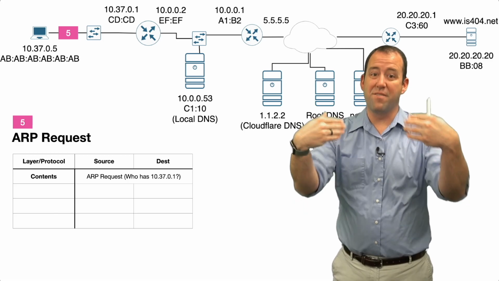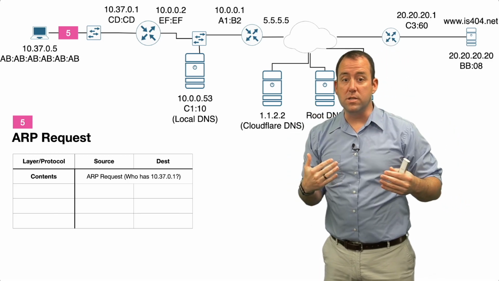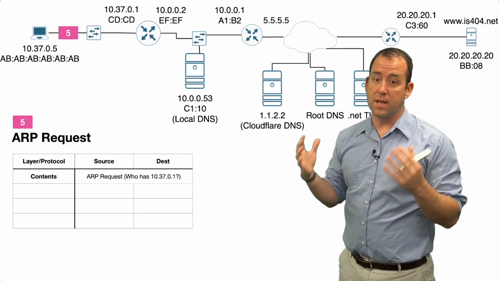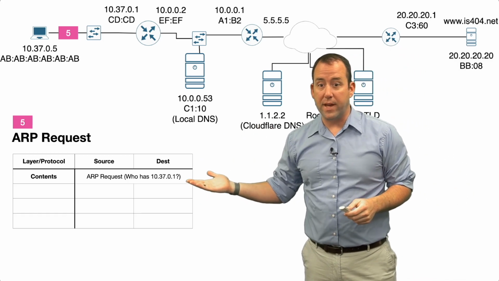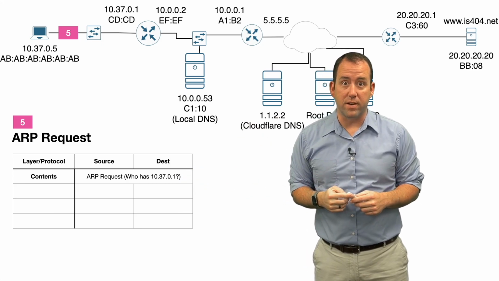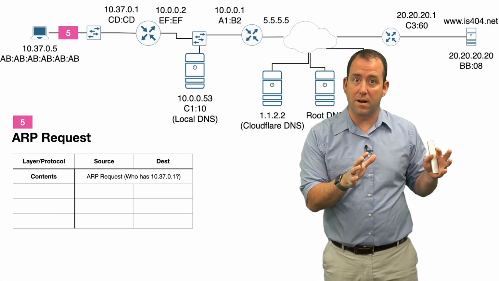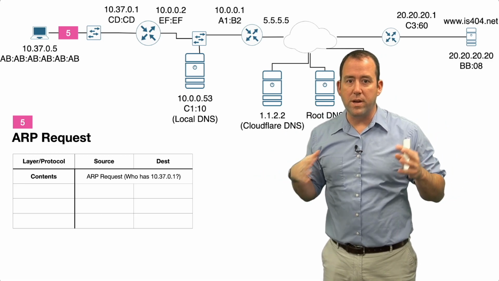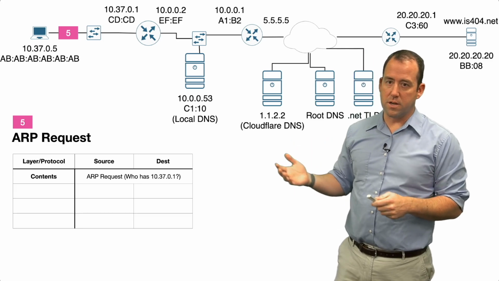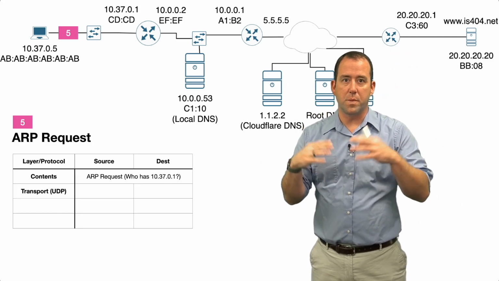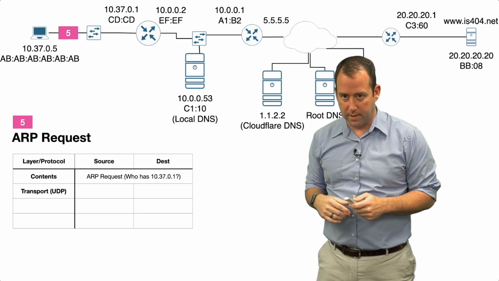So we're going to send that information off of our network using the information that we have in our DHCP configuration, that default gateway that we were given. And in order to send it there, we need the MAC address of 10.37.0.1. Now maybe we'd have that in our cache already because we've been sending and receiving packets from there, but we're assuming we need to do this resolution. So we're going to do some ARP, and anytime you're going to send stuff to anywhere else, you need to do ARP so that you can get the MAC address associated with it.